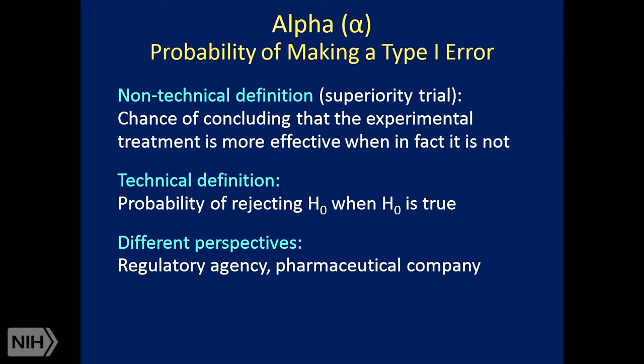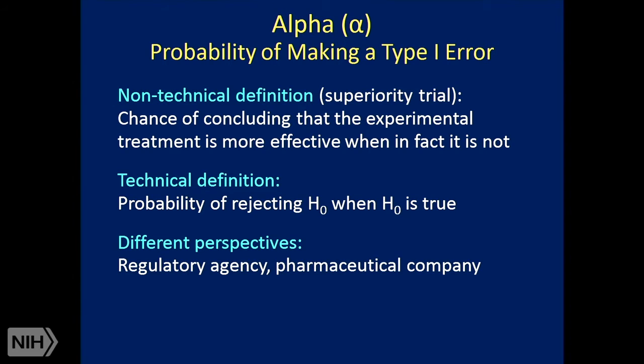And I just want to talk to you a little bit about the different perspective, like a regulatory agency versus a pharmaceutical company. So a regulatory agency, FDA for example, finds this a very important parameter to control. The FDA does not want to approve a medication that's not efficacious or effective.